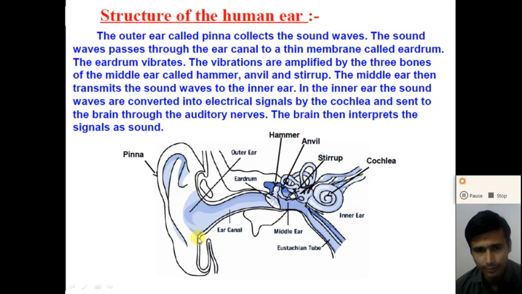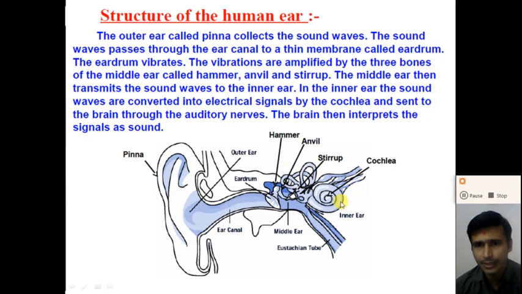As the sound wave strikes the eardrum, it vibrates. The vibrations of the eardrum are amplified by the three bones of the middle ear called the hammer, anvil and stirrup, right? The middle ear then transmits the sound wave to the inner ear.